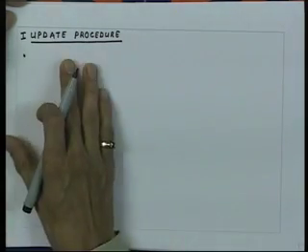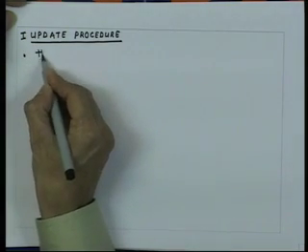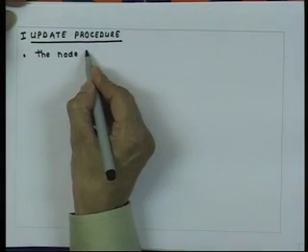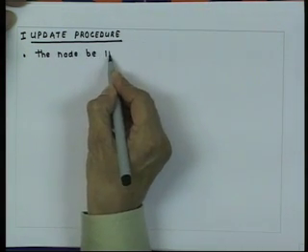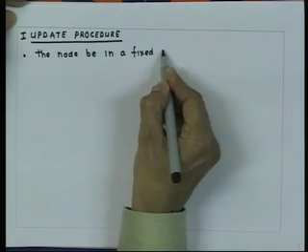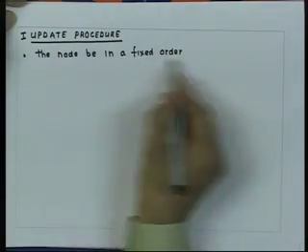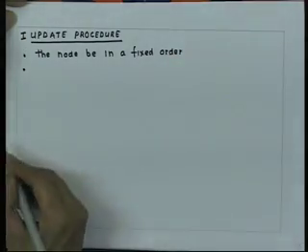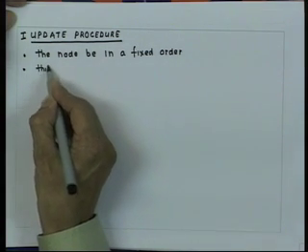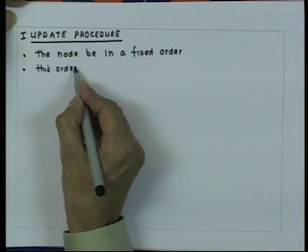The update procedure requires that the nodes be in a fixed order, and this ordering is preserved by numbering the nodes.